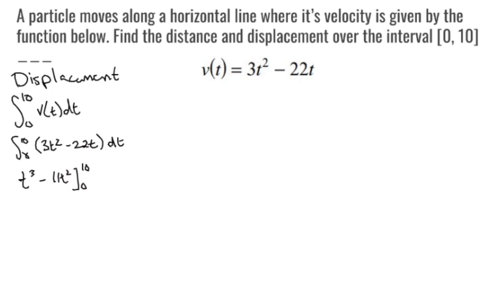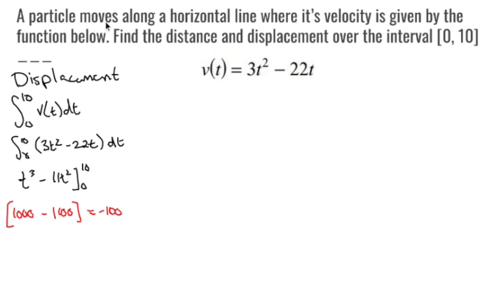Fundamental theorem of calculus says that we write this guy out, plug in 10, so we have 10 cubed, which is 1,000, and 11 times 100, which is 1,100, minus, notice I didn't write it out, plug in 0 cubed, get nothing. Plug in 0 squared, get nothing. So nothing.